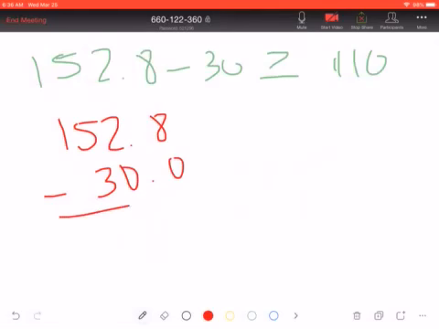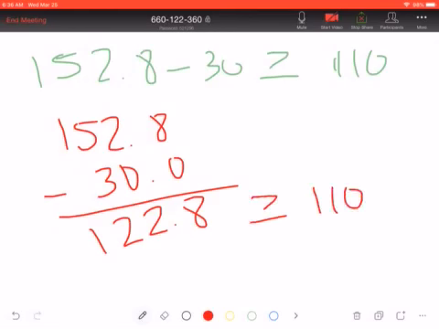All right, you have to make sure you line up your decimals. 5 minus 3 is 2. Okay, so there's our solution. So just ask yourself, is 122 and 8/10 greater than 110? Well, yes, it is. It's greater than, so that answer works. So this estimate for the number of acres of wildflowers would work.